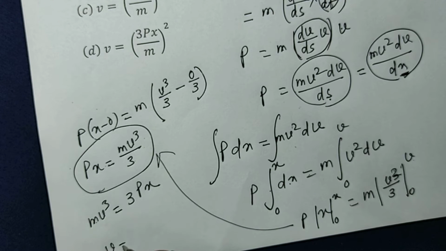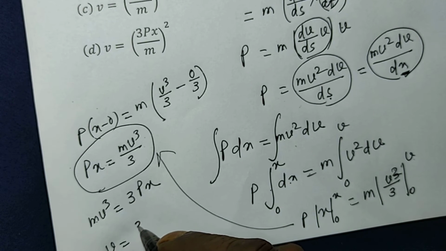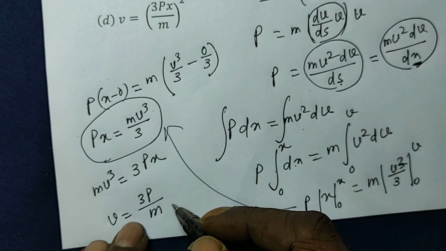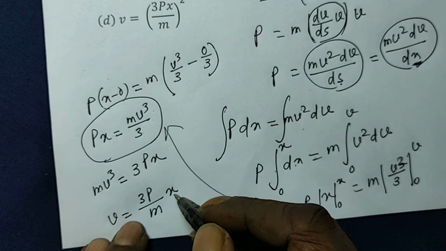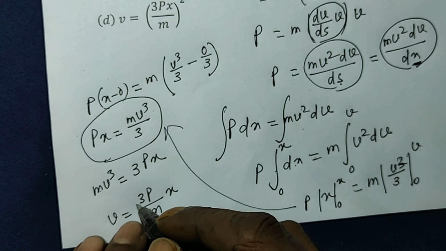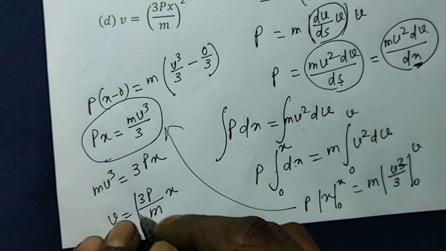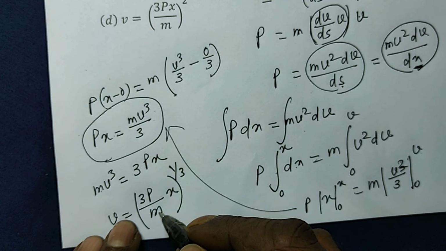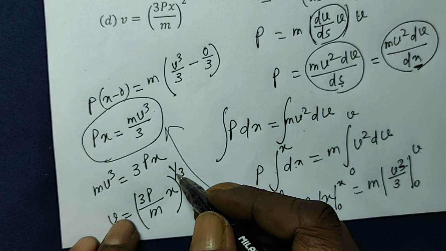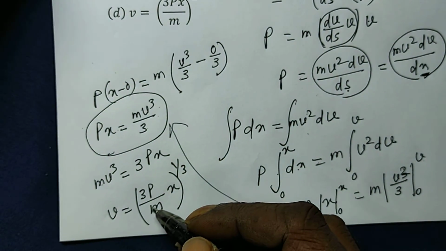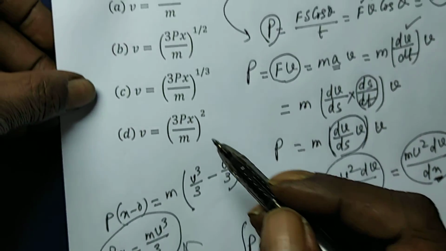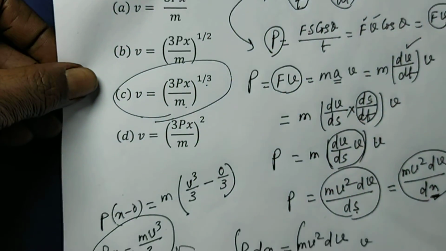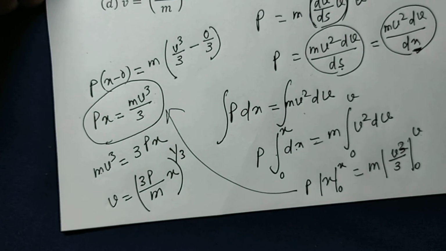So your v becomes 3 P x over m, cube root of that. So v is equal to cube root of 3 P x over m. So C is your answer.